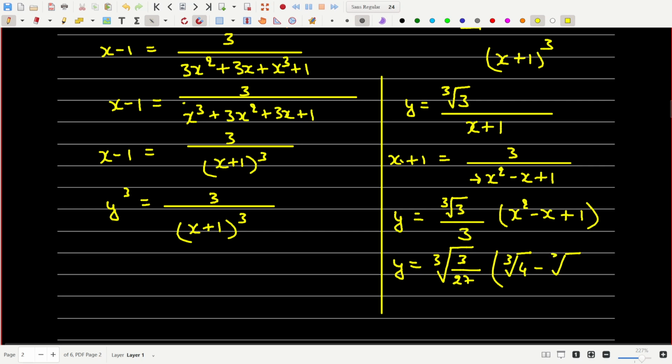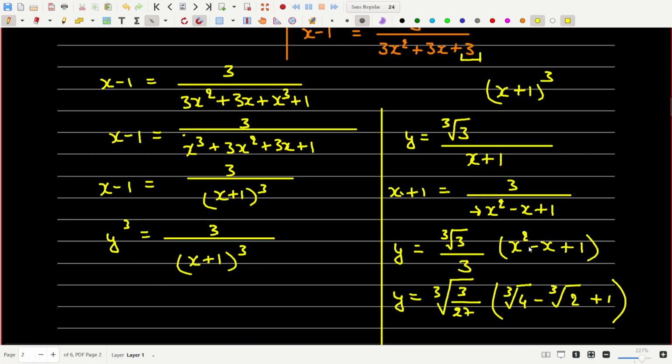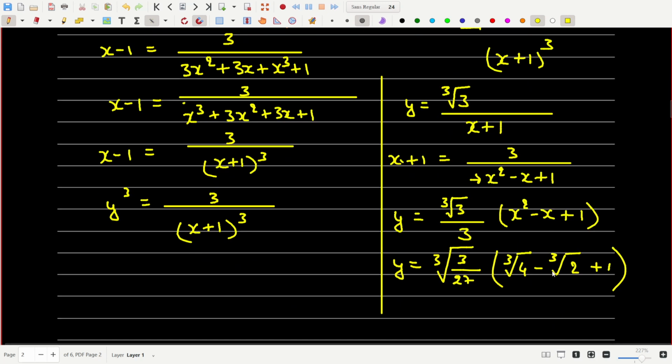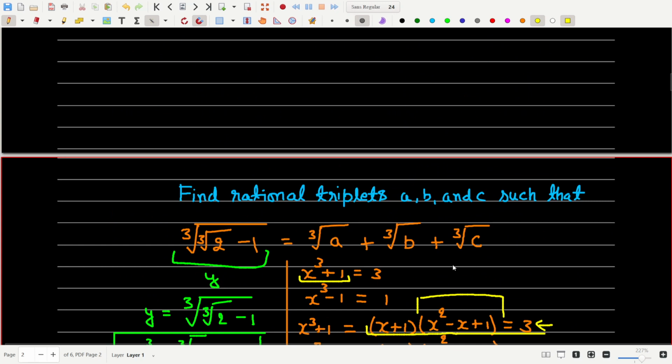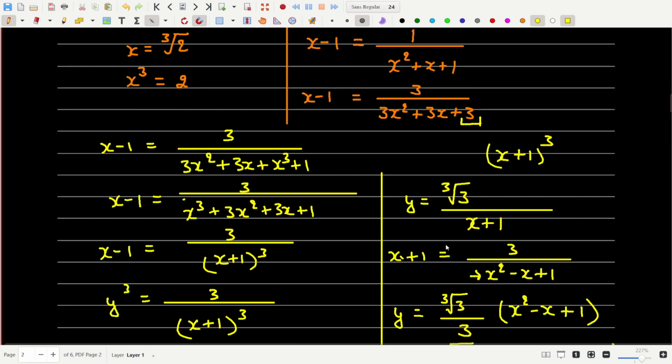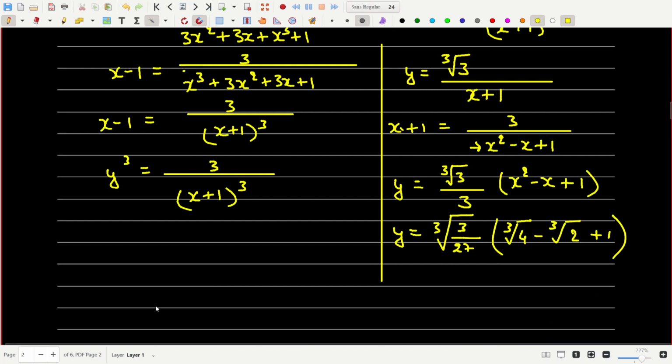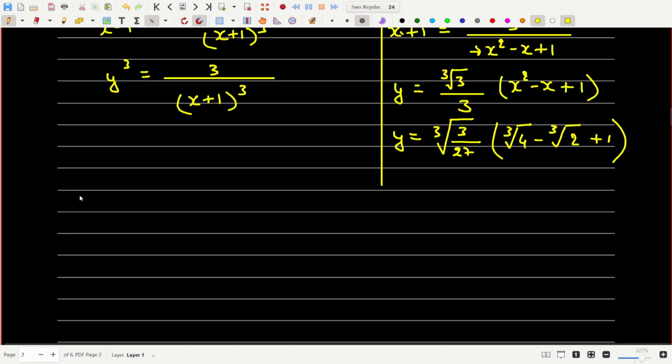And this is cube root of 2, and this is 1. Now let me simplify this a bit. Here we have all positive signs, right? But here we are getting a negative sign, right? So let me convert this into a positive sign and do some more simplification.